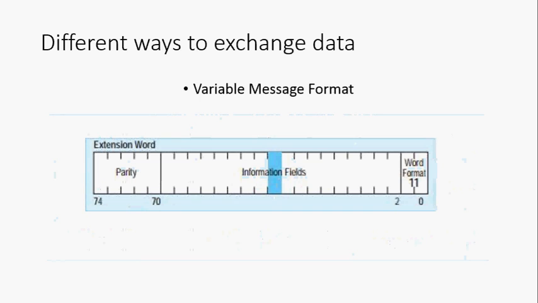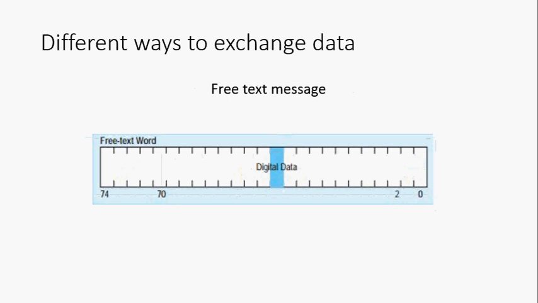Then we have the variable message format, that is a type that can vary in content and length, but inside the information field, as we see in the picture, the message itself contains the field and the length. Then we have the free text message. As you can guess, this message doesn't have any standard and is mainly used to transmit voice.